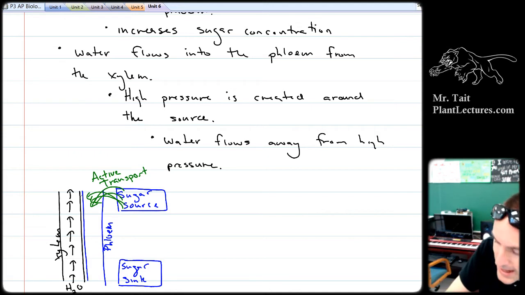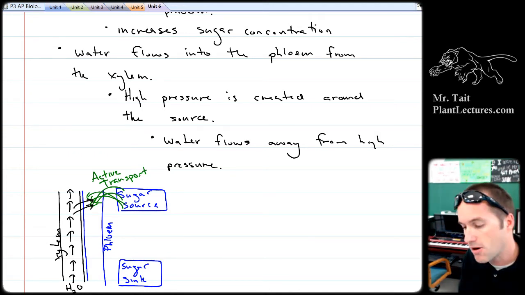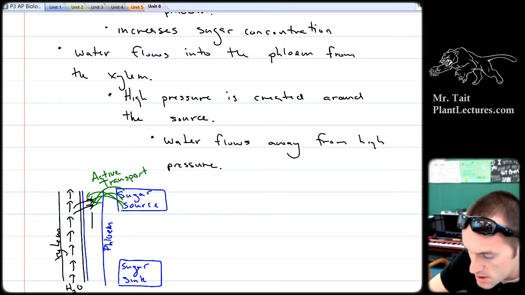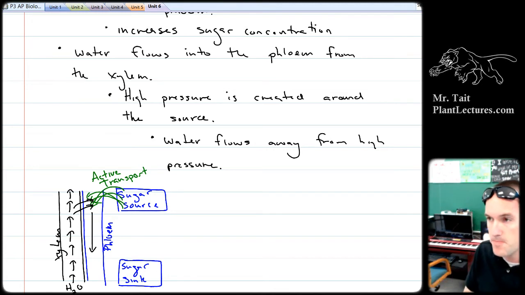That causes passive transport of water into that area from the xylem, which creates an area of high pressure, which causes the water to flow away from that area. Okay? The water and the dissolved solutes.